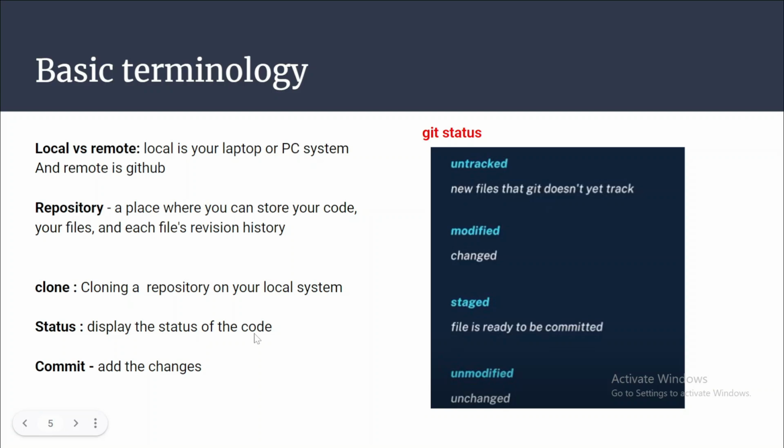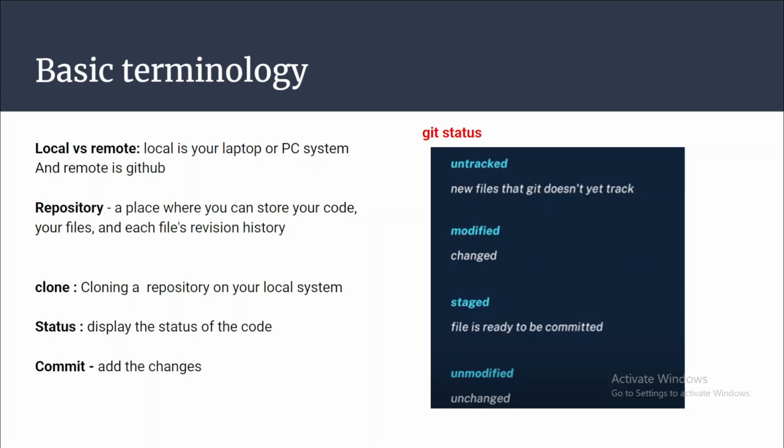Now coming back to the basic terminology for Git and GitHub. There are two systems, local versus remote. What is local? Your laptop and your PC, for example, whether you are working on a Mac system or your desktop computer, PC. All are considered a local system. And remote means whatever information is available on GitHub, that is considered remote.